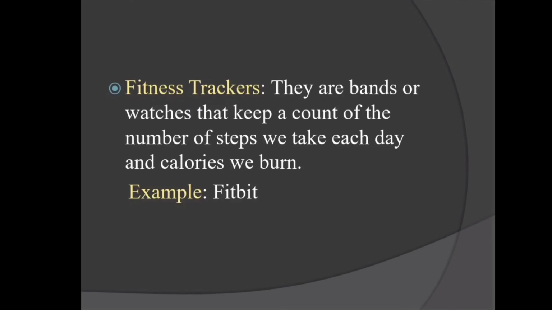First is fitness trackers. They are bands or watches that keep a count of the number of steps we take each day and the calories we burn. Okay, they are simply designed to keep track of our steps and the calories which we are burning. The most popular example is Fitbit.